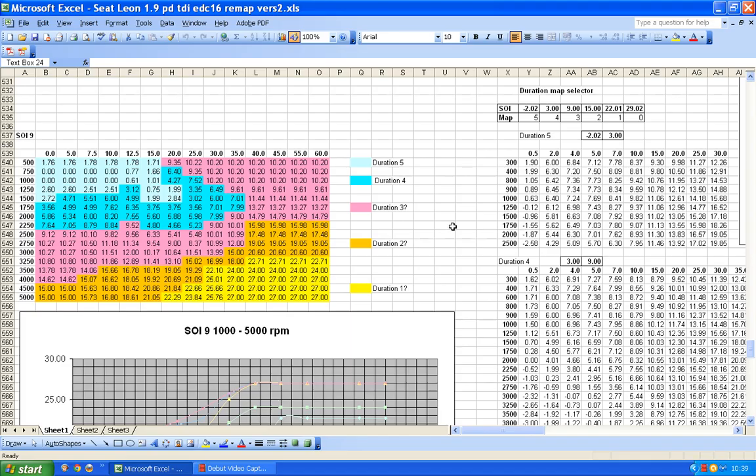The reason I'm doing this is because you can't talk about start of injection without mentioning duration, because they are one and the same thing in many ways. You can't really have one without the other. Right, now let's look at what's going on here.